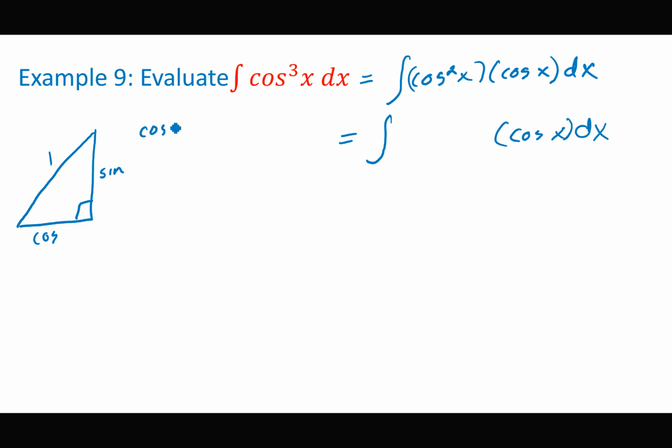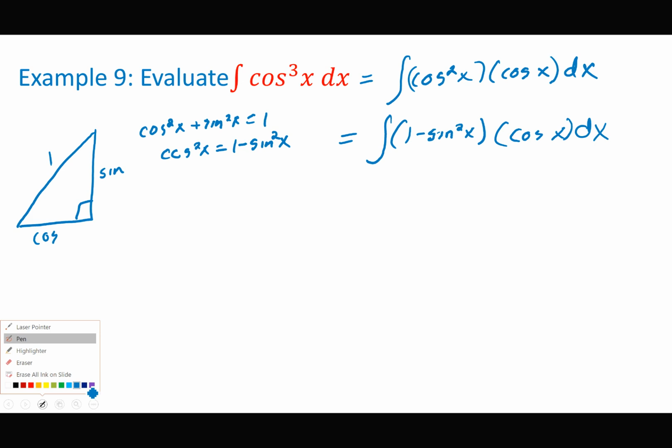This would be cosine squared of x plus sine squared of x equals 1. And so cosine squared of x is the same thing as 1 minus sine squared of x. Now we have a sine and a cosine, which I think of in my head as opposites of each other.